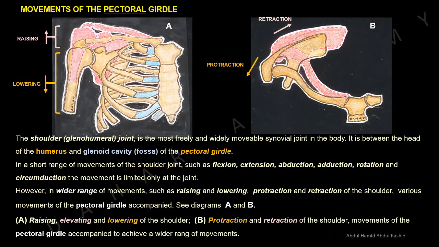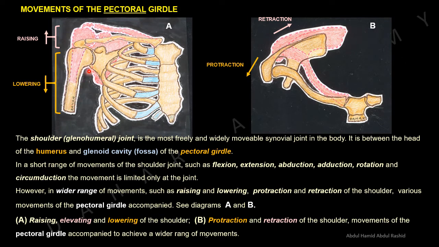Movements of the pectoral girdle. In this slide, we have two diagrams, diagram A and diagram B. Diagram A is right pectoral girdle seen from in front. You can see here, this is the clavicle, and this is the scapula, and this is upper end of the humerus.